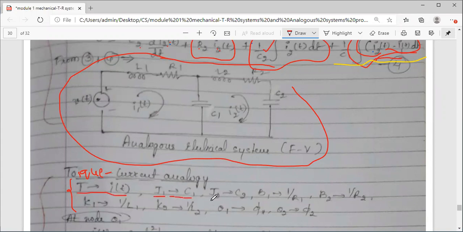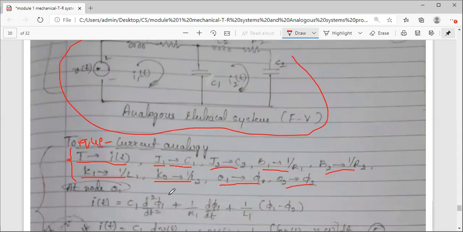Since we have J1 and J2, I will use C1 and C2. And again, we also have B1, B2, so I will replace them with 1 by R1 and 1 by R2. K1 and K2 become 1 by L1, 1 by L2. Now, theta 1, theta 2 are the magnetic flux linkages phi 1 and phi 2.